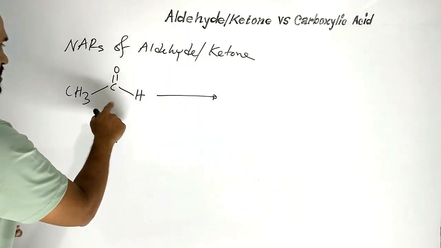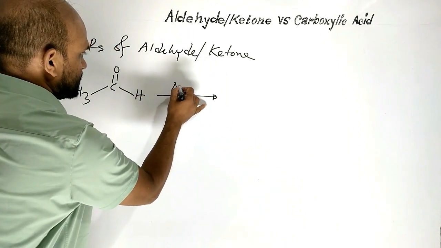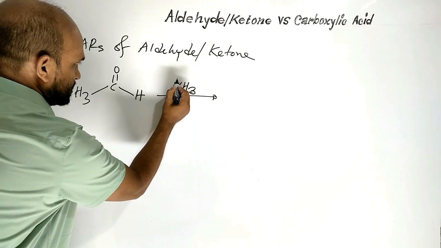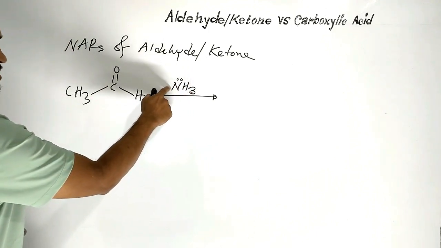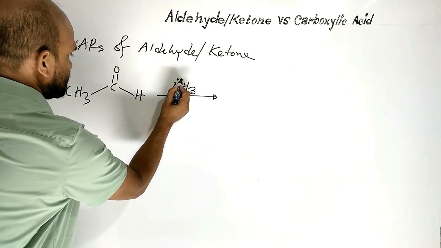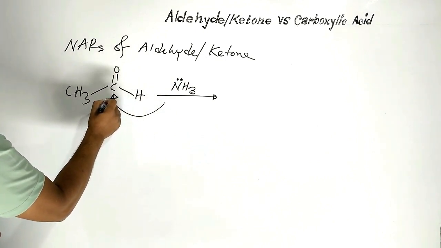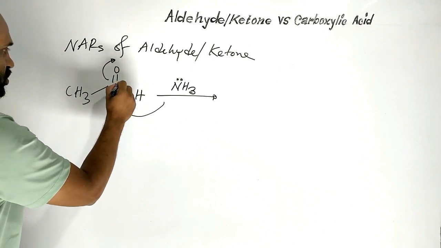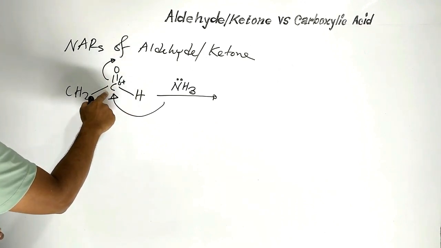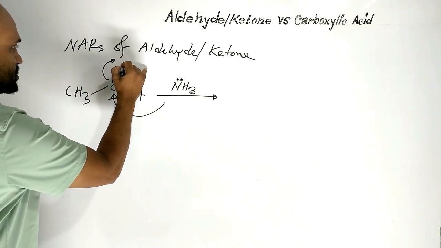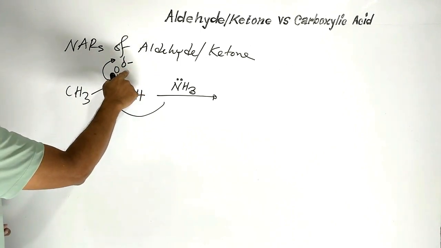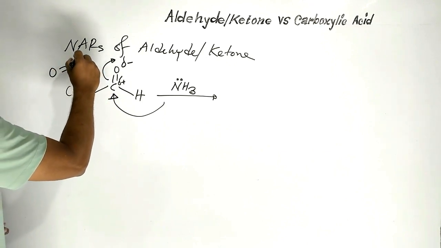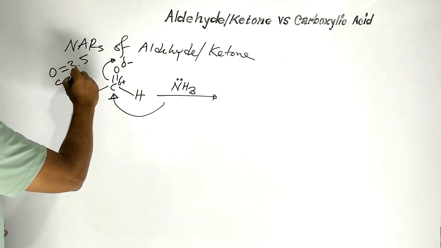When this ethanal is treated with a nucleophile, a neutral nucleophile, this nucleophile combines with the carbonyl carbon, because the carbonyl carbon becomes delta positive in charge and oxygen becomes delta negative, since oxygen's electronegativity is higher than carbon's.